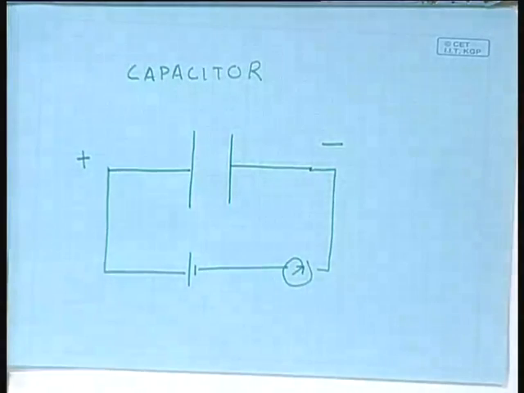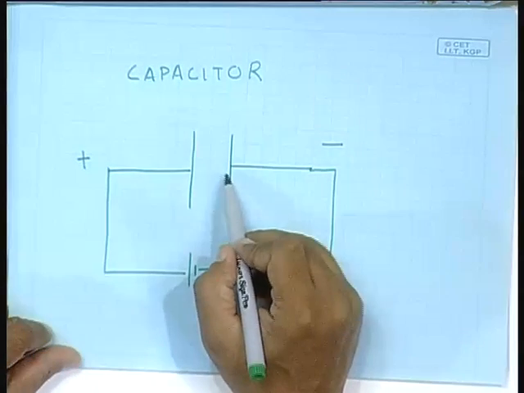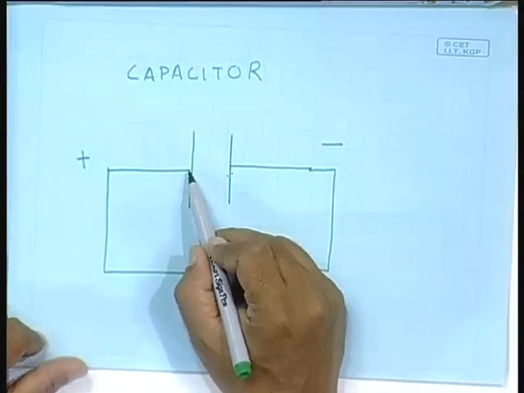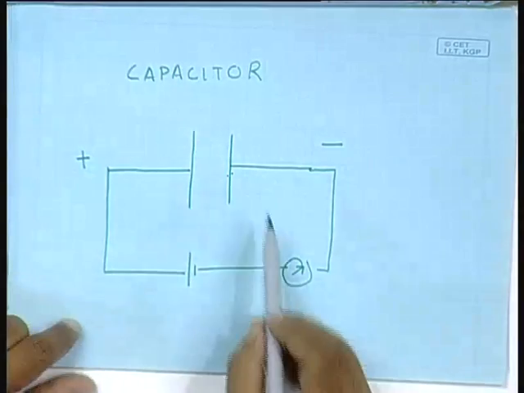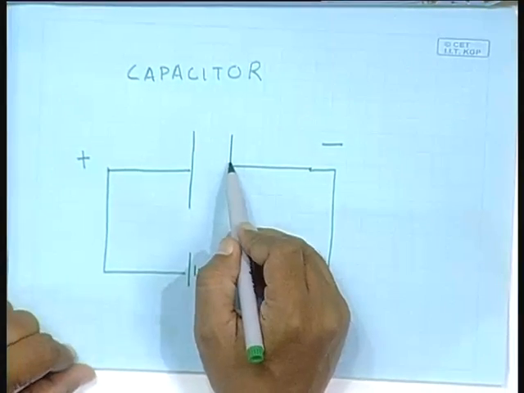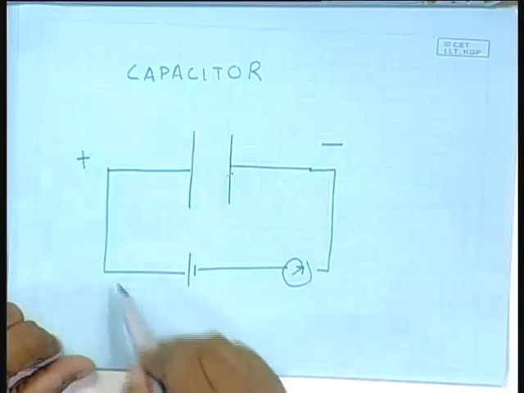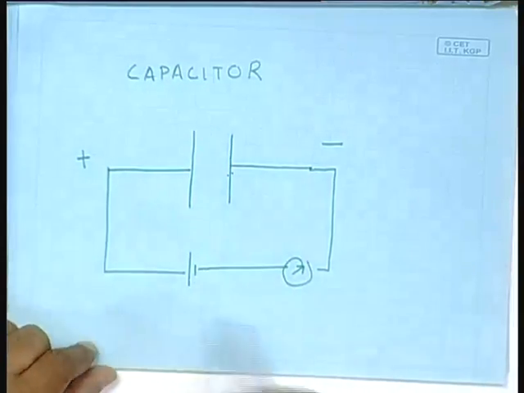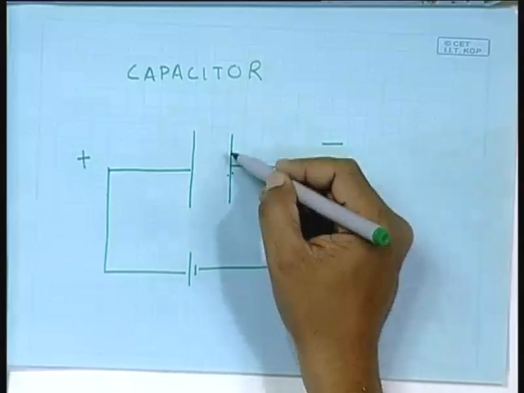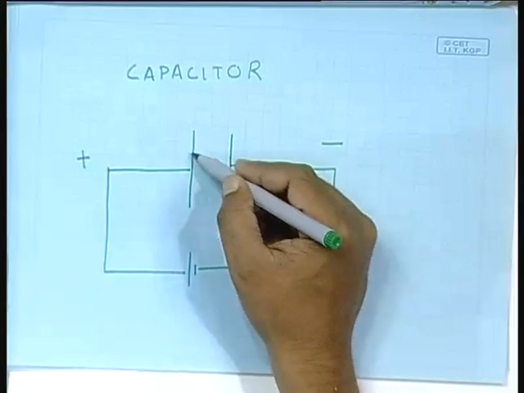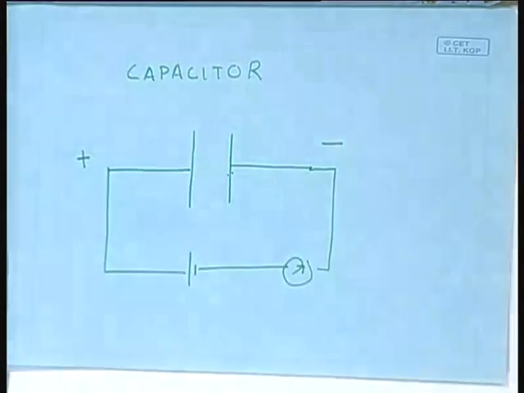So, the question is, why do not the electrons jump from this metallic plate, from this surface to this surface? The circuit would be closed and the electrons would gain energy in this process. They would then lose the energy also because of resistance, but there is a force acting on the electrons on this surface because this side is positive. So, why do not they leave this surface and go on to that surface?